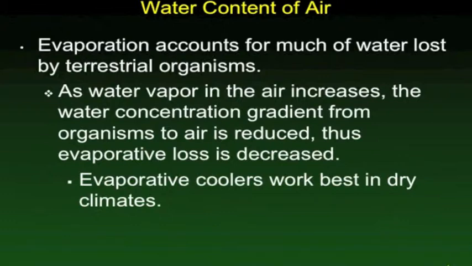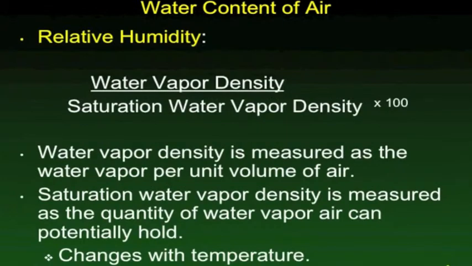The amount of water vapor in the air we call relative humidity, and it's calculated by determining the existing water vapor density and dividing that by the total amount of water vapor that the air could possibly hold.